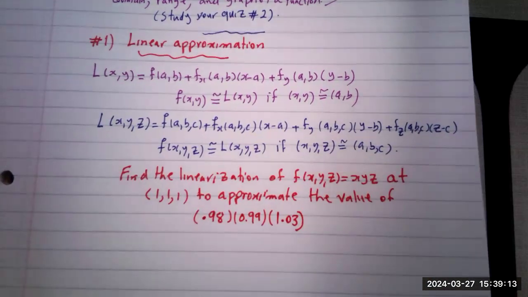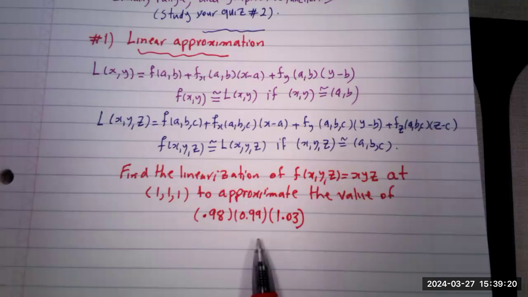You want to estimate these values using linearization. If the point is not given to you, you just look at this one and you pick one yourself. The point must be a nice one. So 0.98, you estimate by 1.